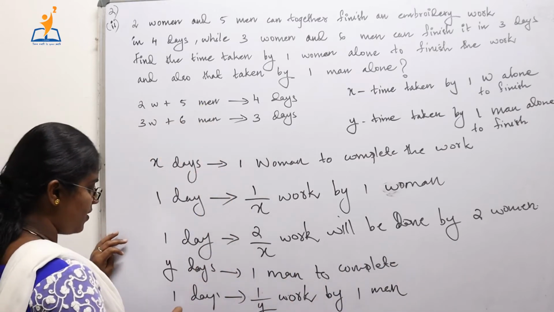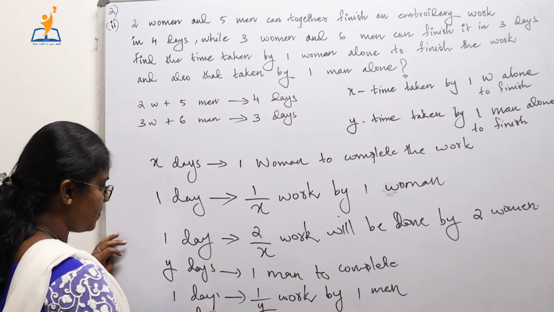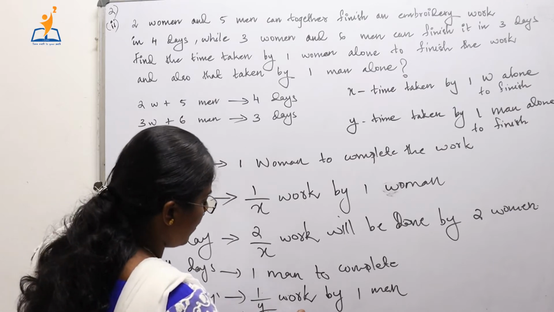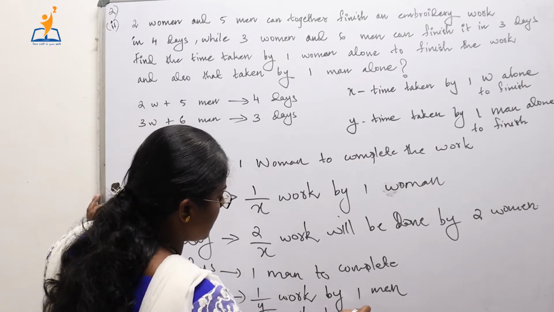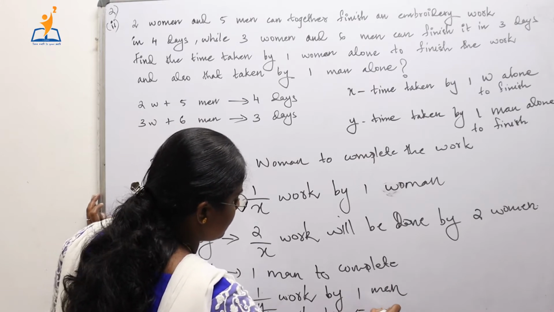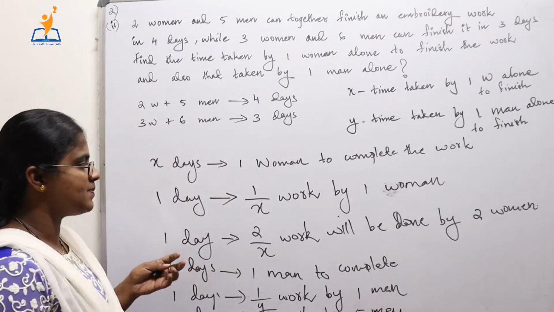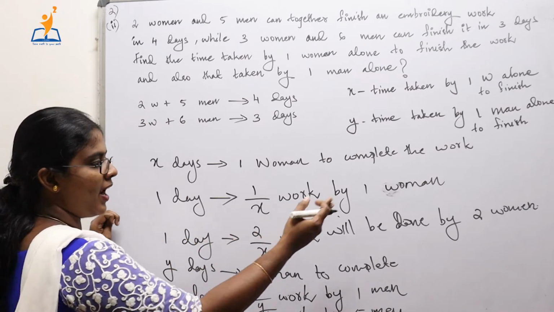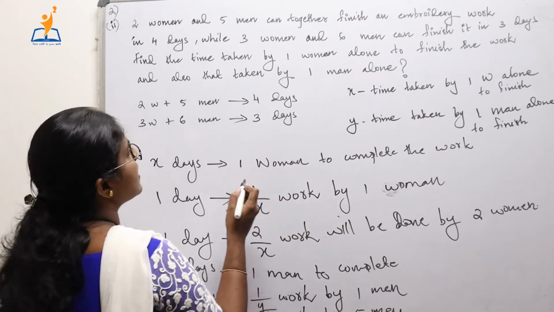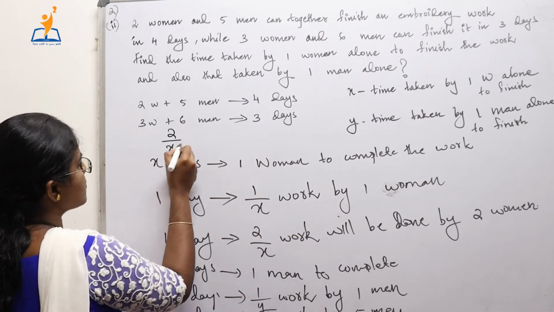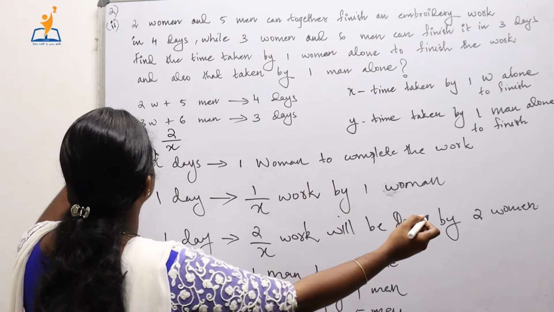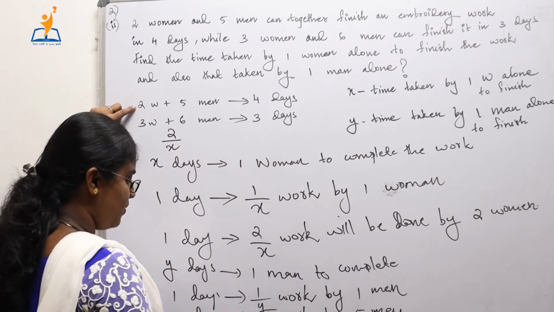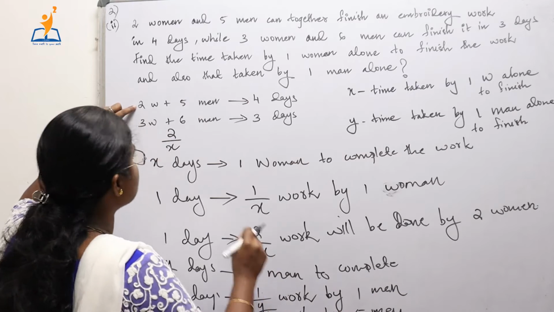So in one day, 5 by y work will be completed by 5 men. Hope all these concepts are clear. So in one day 2 by x work will be done by 2 women. So 2 women's work, 1 day's work, is given here. Again in one day 5 men can complete 5 by y work.